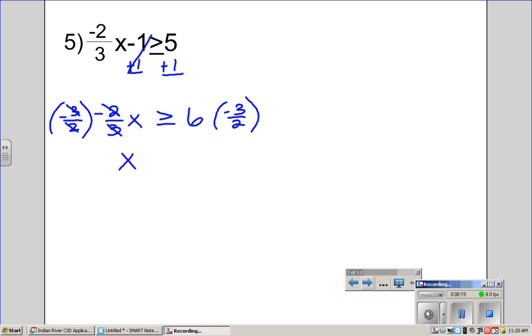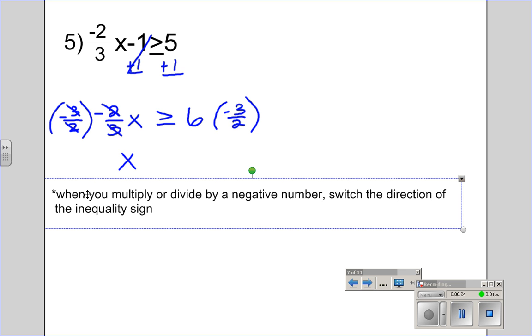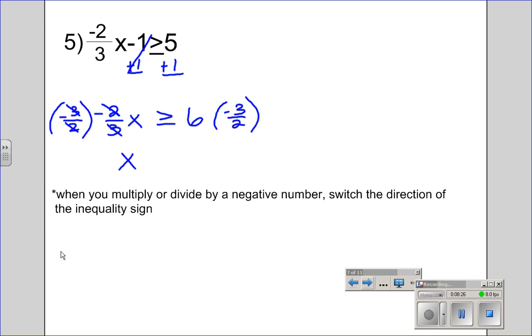Now, when you multiply or divide by a negative number, you're going to switch the direction of the inequality sign. So my greater than or equal to becomes less than or equal to. Then you're going to multiply 6 times -3/2, which is -9.